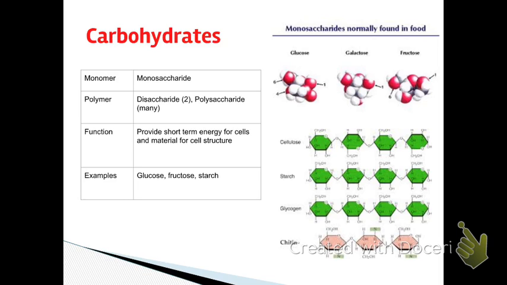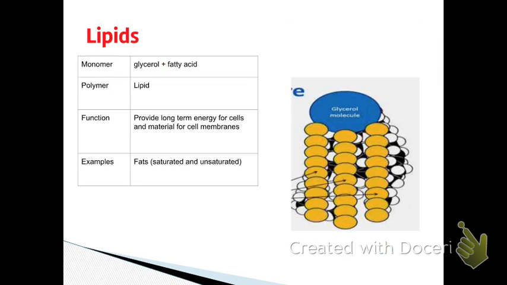In fact, the next one is about fat. Lipids are actually types of fats. The monomer of a lipid is a glycerol and fatty acid. Here is the monomer: we have the glycerol, which we call the head, and the tails are called fatty acids.